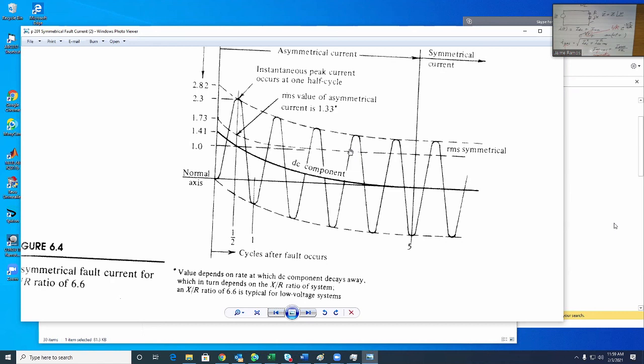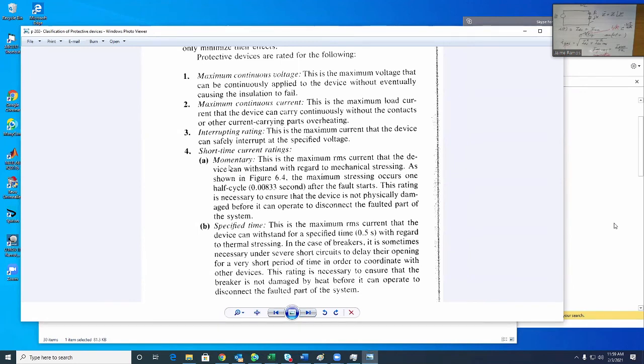That's when the circuit breaker is going to open. It's not going to open on any other part of the current waveform. It will open only during zero crossings, okay? So that's why the rating has to be the momentary, and then we have another specification, which is the specified time.